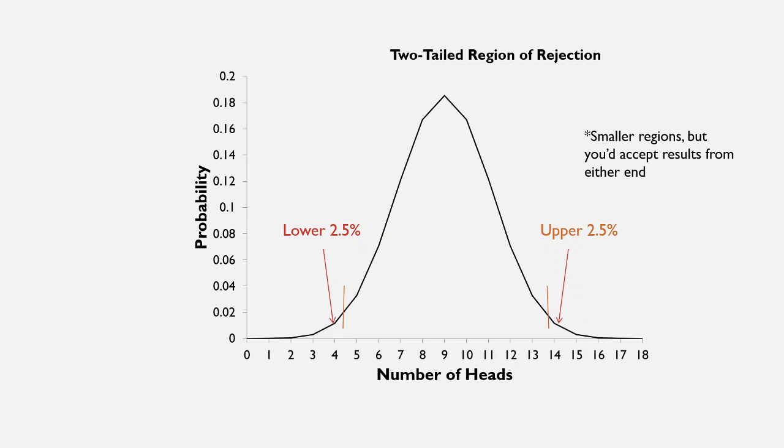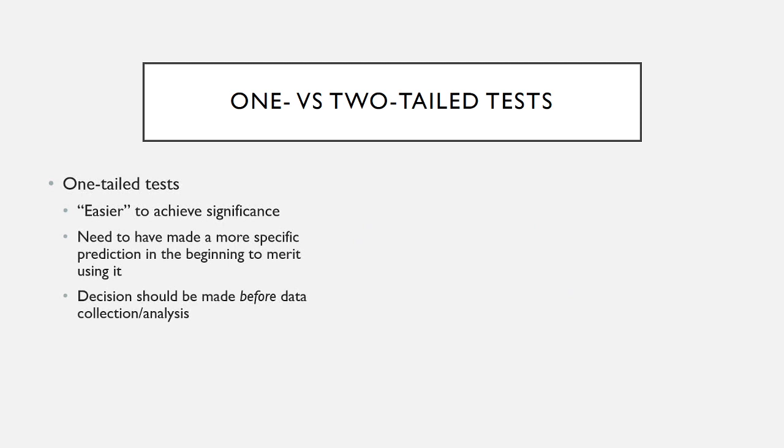So technically, these regions appear smaller. It appears that you need stronger or more extreme effects to achieve significance, but you've opened the door to find an effect in either direction. One thing that's important to keep in mind: one-tailed tests on a certain level are easier to achieve significance with.